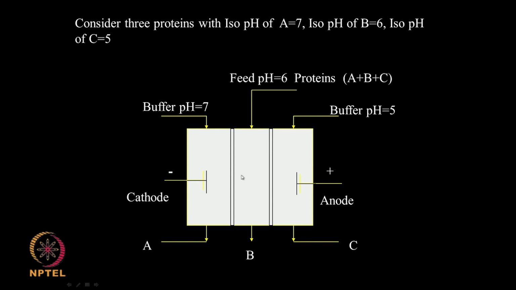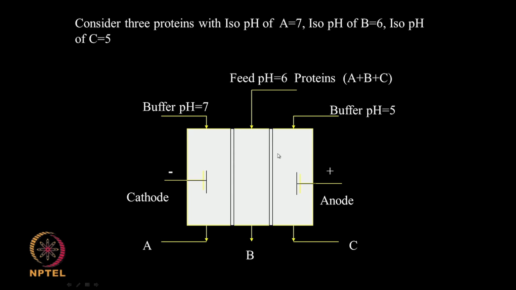Same thing happens, protein A will move here, and once it moves here the isoelectric pH matches with the pH 7. Okay. So, the protein A gets separated in the compartment with pH 7, protein B will pass through, which is because this is pH 6, protein C will have compartment where pH is 5. So, this is how you separate.